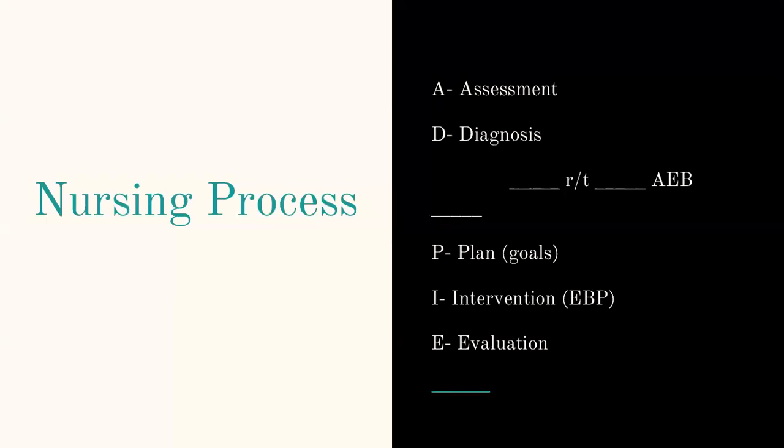We're going to talk about the plan and how to set SMART goals. We're going to talk about the different interventions and how to make sure that they're evidence based. And then our evaluation is going to be referring back to those goals and seeing if those goals are met and if the patient has had good treatment outcomes based on our treatment plan.